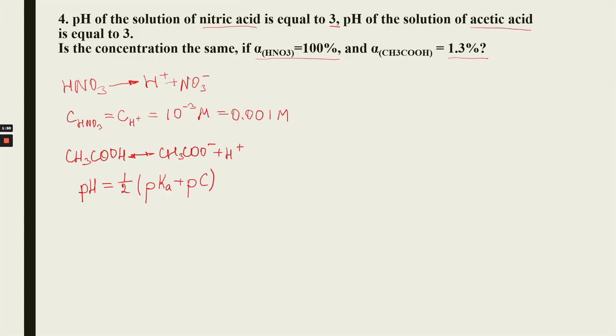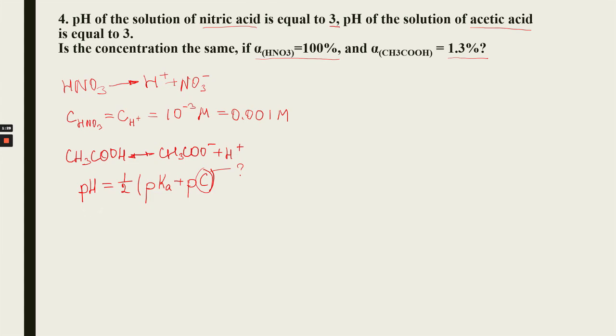This small a means acid. pC is the negative logarithm of the molar concentration of acid. So we have to find the molar concentration, so we have to find that C.